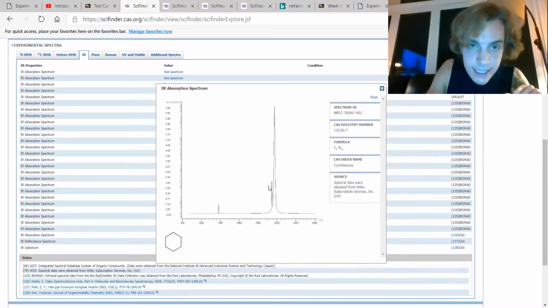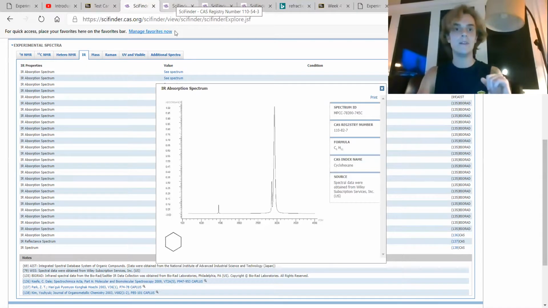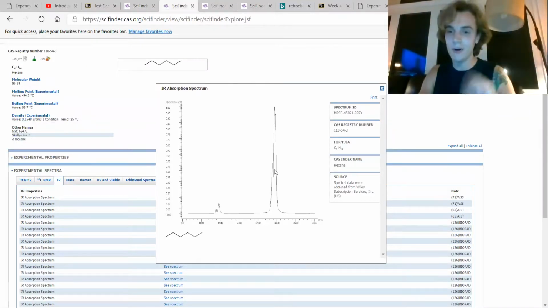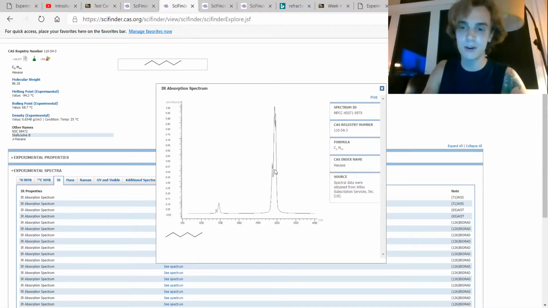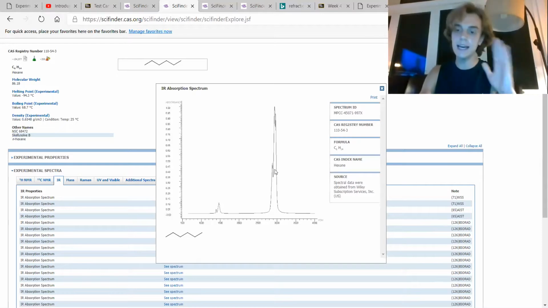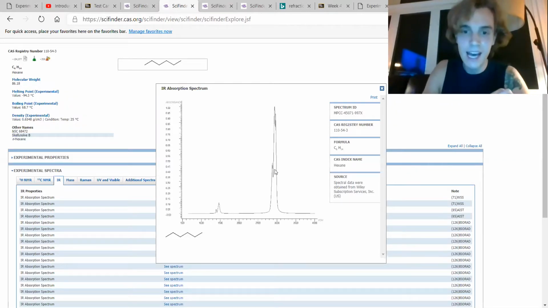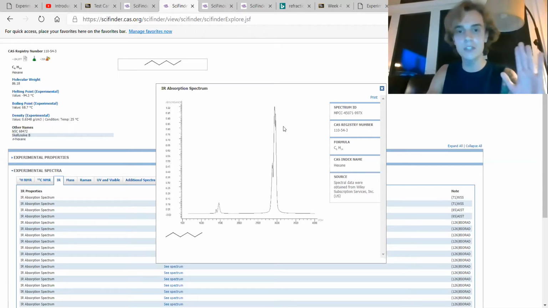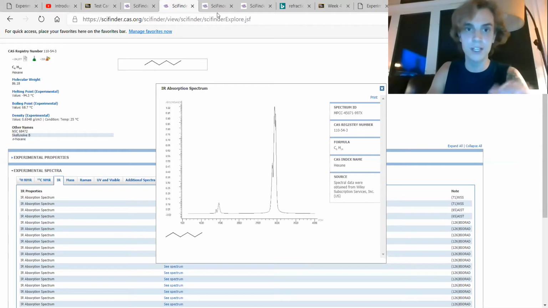I know it's hard to see, which is why I'm illustrating it on the SciFinder website. Then moving on, I know it's not in order, but I put it to you in this exact order for a reason. We're moving from a cyclic organic compound to an n, a normal organic compound, and now we see a very similar peak. However, the secondary peak is much closer to the residual peak that we're observing.